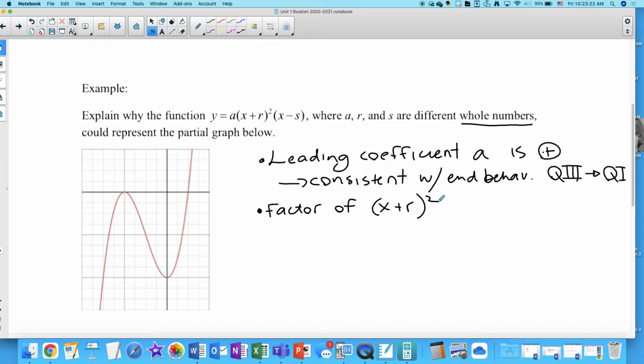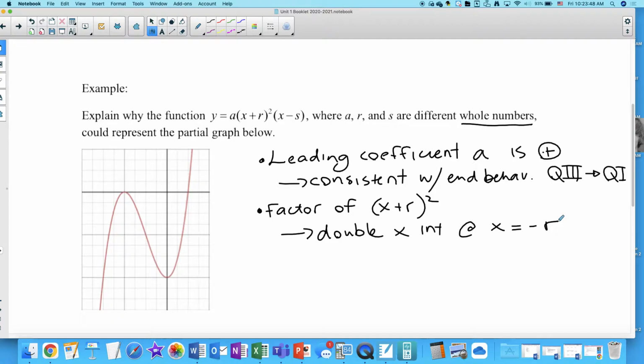It's not r. If this equals 0, what would x have to be? Negative r, and you're right, it's a double x-intercept. Okay? So there should be a double x-intercept at x equals negative r. And we do see that. We see a negative double 0, or double x-intercept.